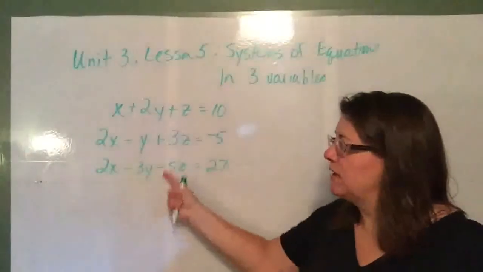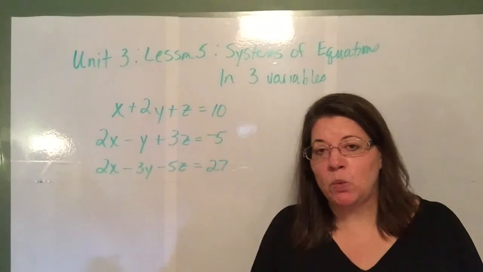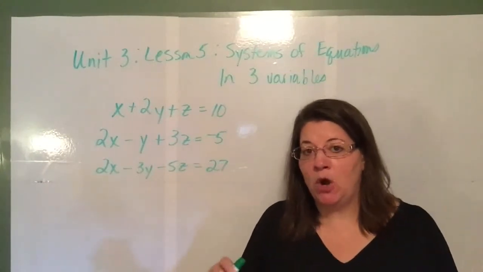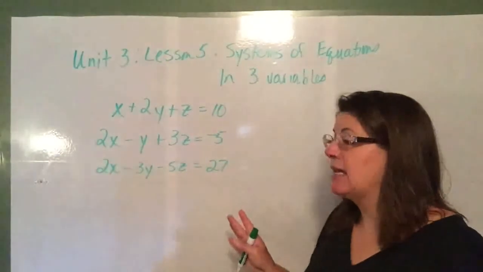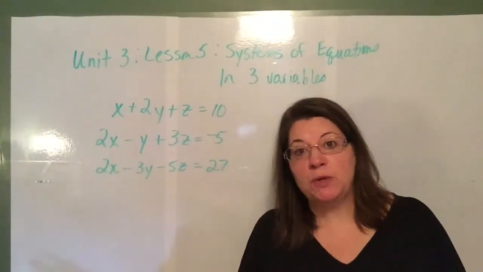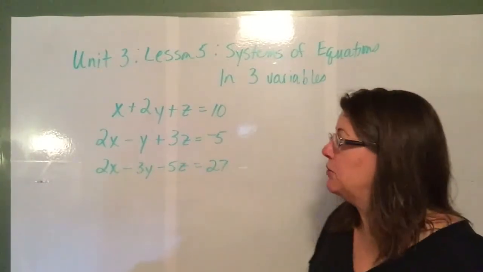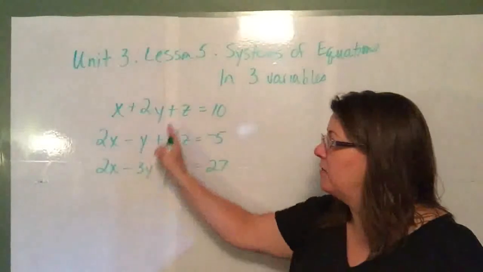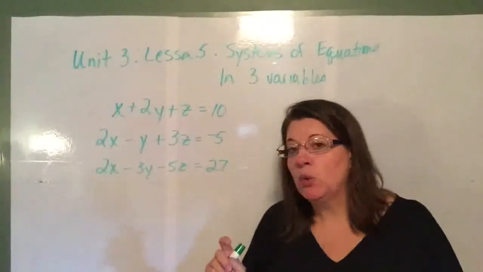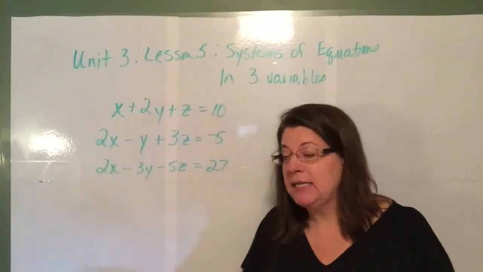But if I'm going to do this, the first thing I'm going to do is eliminate one of the variables from all 3 equations first. If I do that, then I can solve it using systems of 2 equations, and it makes the math a lot easier. So I'm going to look at the x's and the y's and the z's, and determine which one would be the easiest to eliminate.